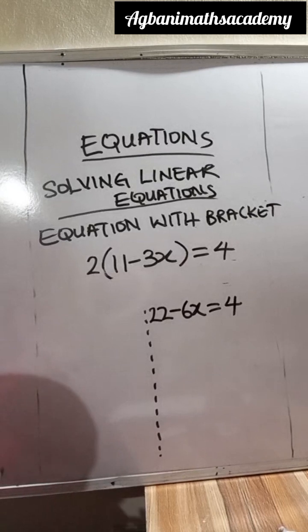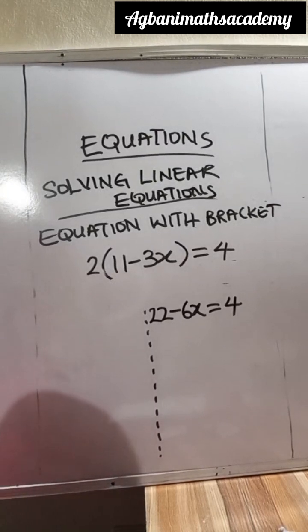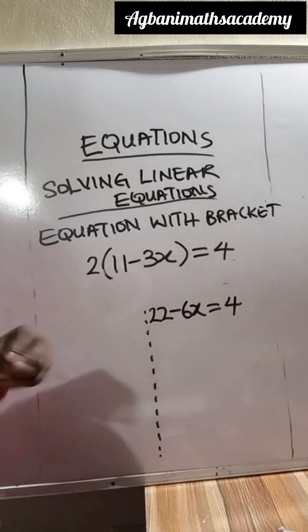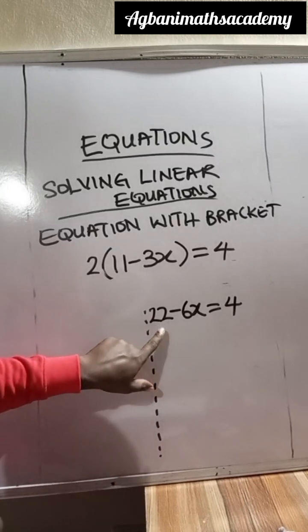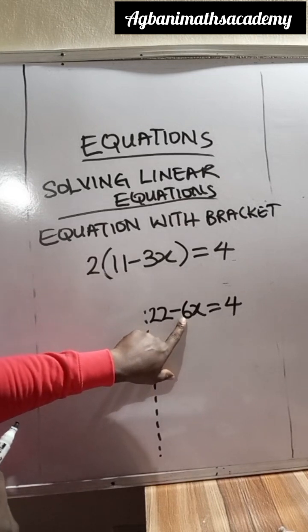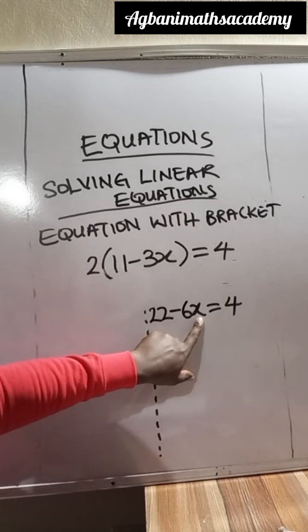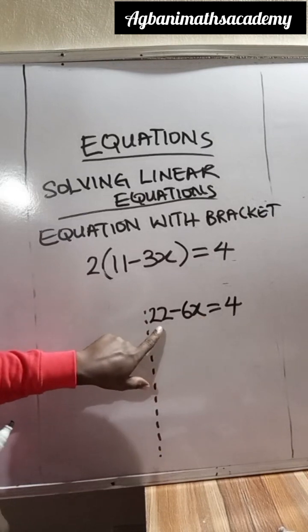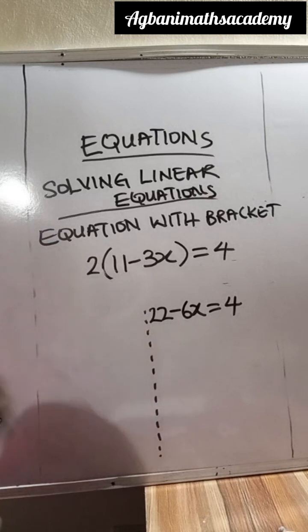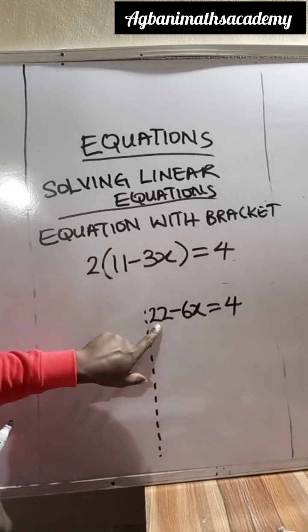Now let's be careful here. What we want to eliminate is 22 and minus 6, because we want x to be alone. The first number we are going to eliminate is 22.